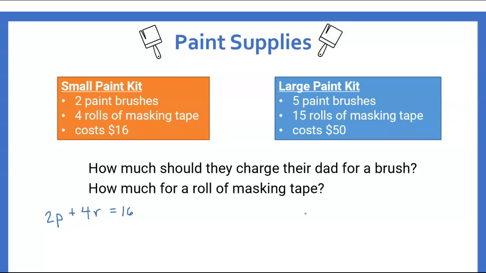And then over here we have 5P plus 15R equals $50.